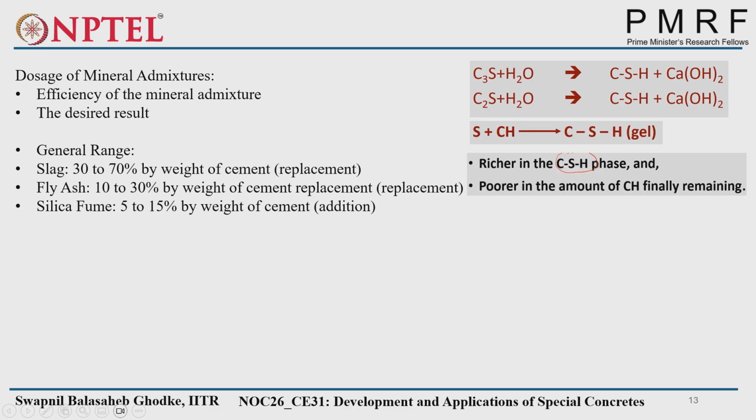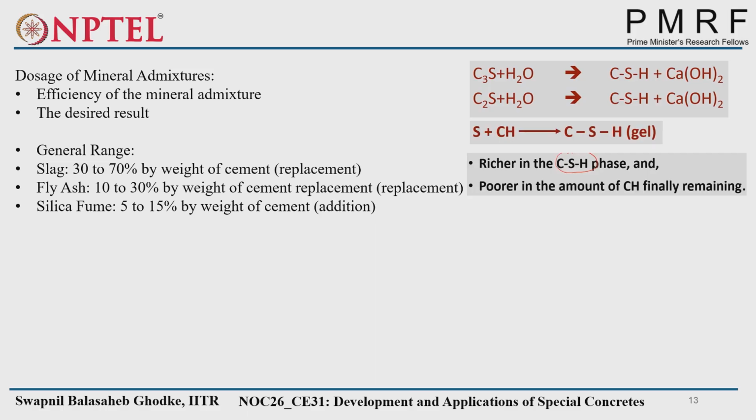So whatever reactions I told, that is C3S plus H2O in the cement as the main binder, gives CSH plus calcium hydroxide. Here C2S plus H2O gives CSH plus calcium hydroxide. And that calcium hydroxide reacts with the silica content available in the different types of mineral admixtures, and then it will create additional CSH gel.